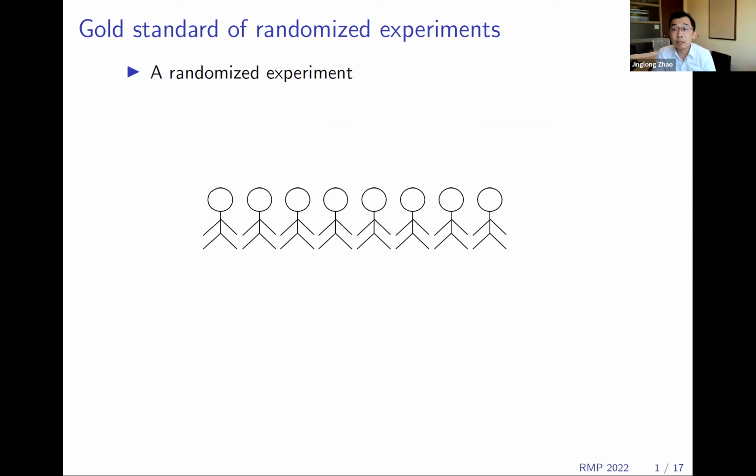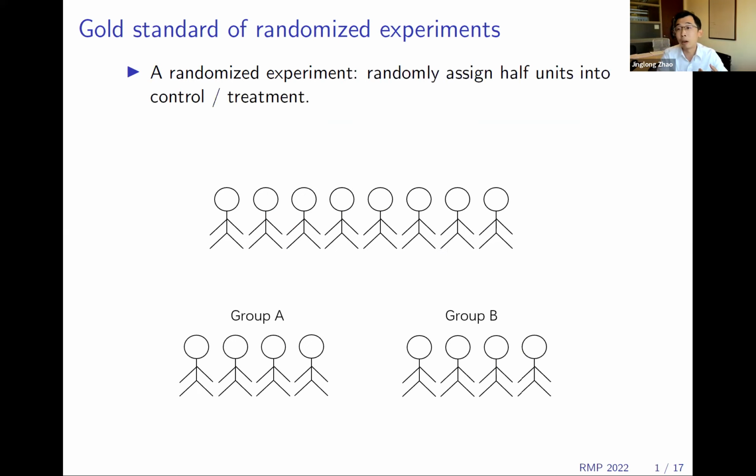The most naive way to run such an experiment is to put some people into a treatment group and other people into the control group, randomly assigning half of them into treatment, which we denote using the group B, and control, which we denote using the group A. This is the gold standard when you're running an experiment, or A/B testing.